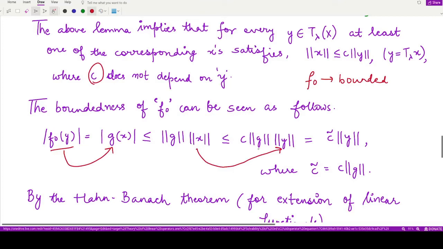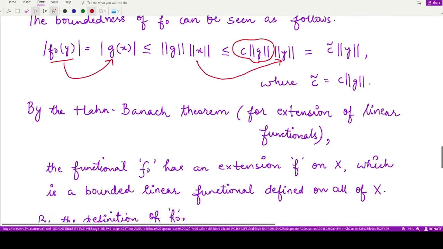Now we can combine this, c norm of g, and call it c tilde. So finally we have c tilde times the norm of y. So we have the modulus of f0 y less than or equal to c tilde norm of y. So this is bounded; f0 is a bounded linear functional.